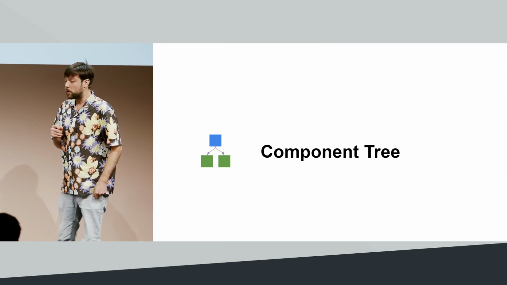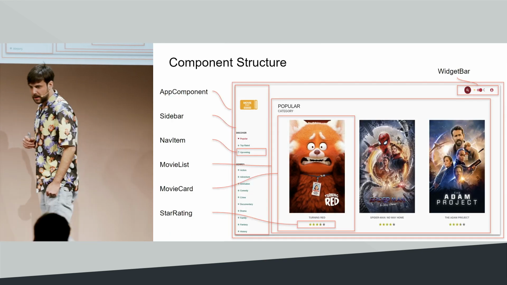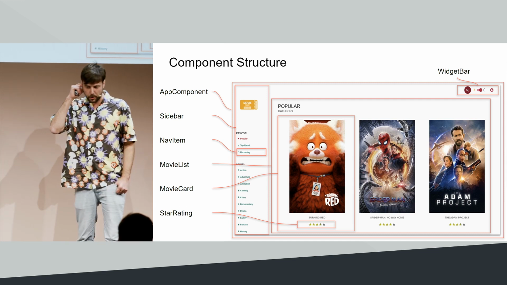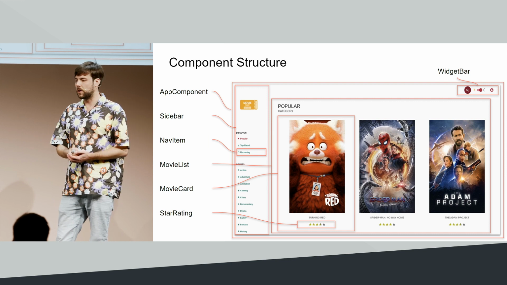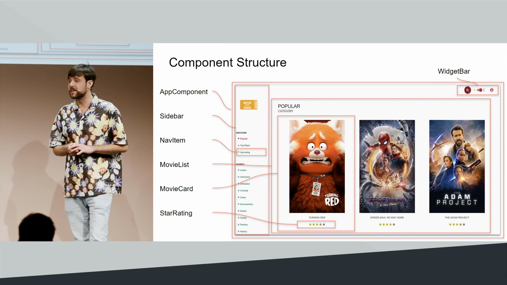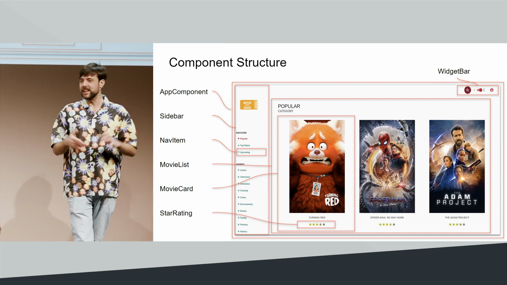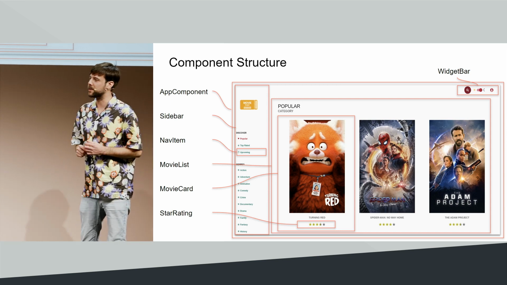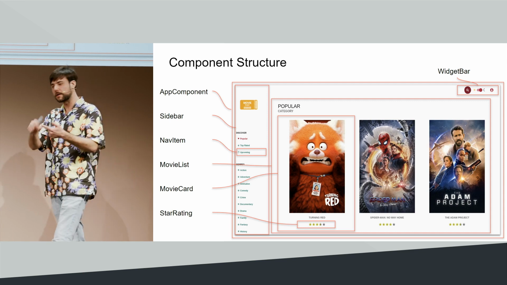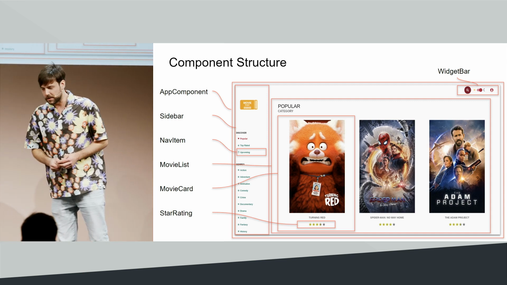Let's start with the component tree. This is one of our demo applications. We use that application to implement basically all our findings, and we also use it to battle Angular against all other frameworks, because this very application is also implemented in React, Vue, Svelte, and whatnot.